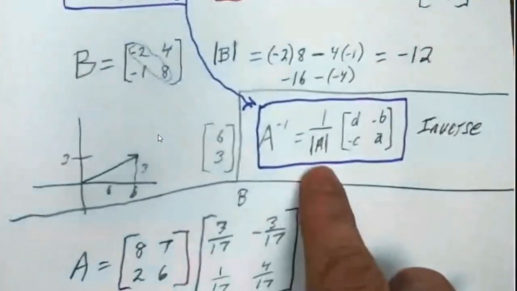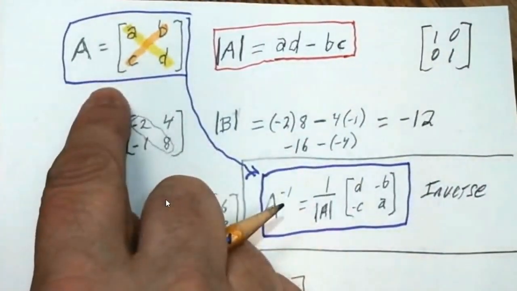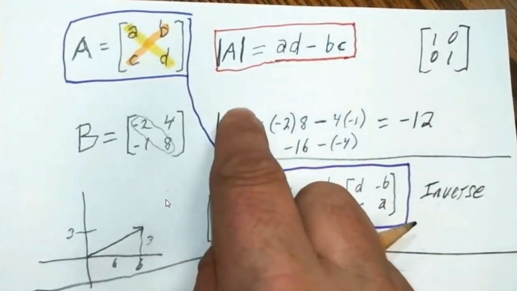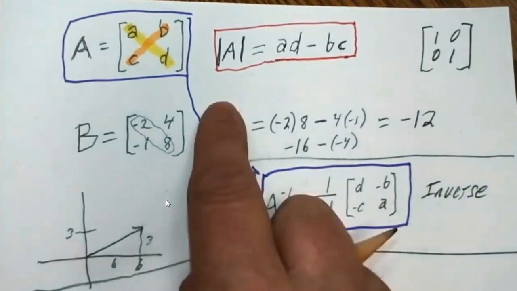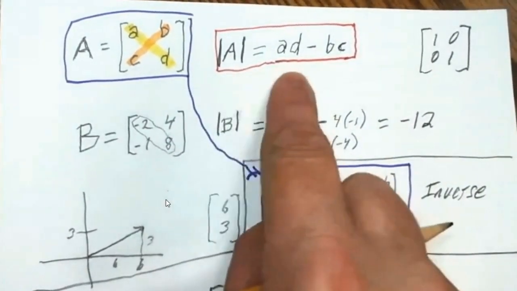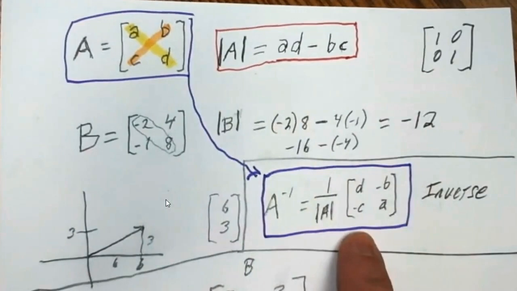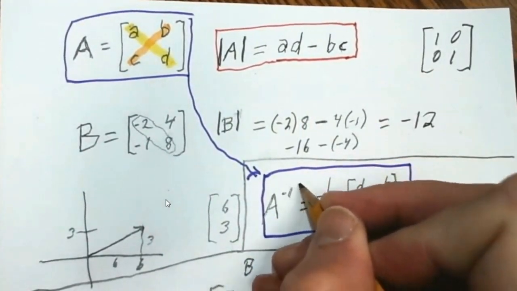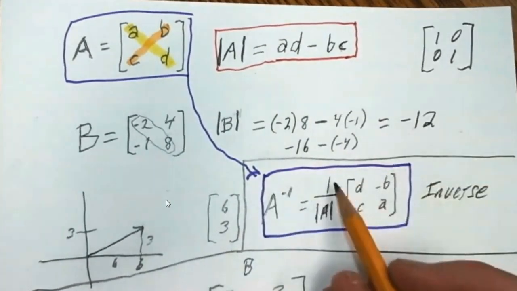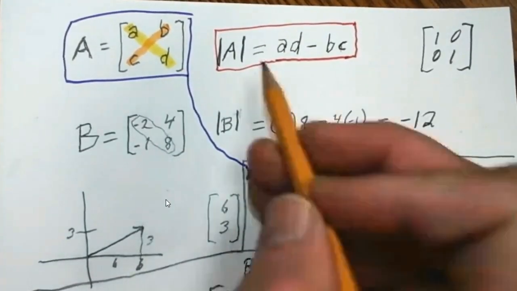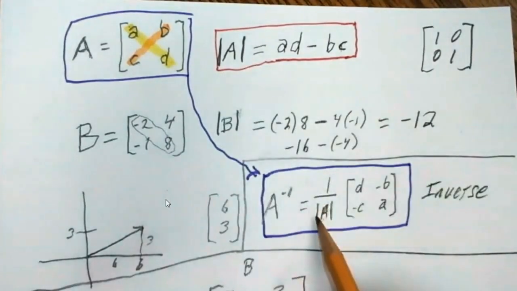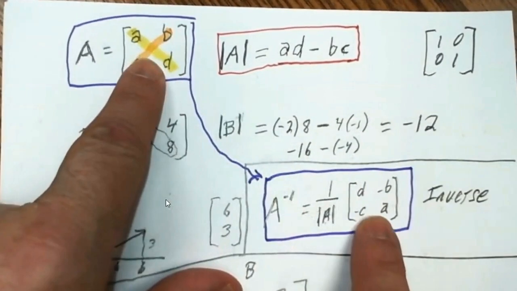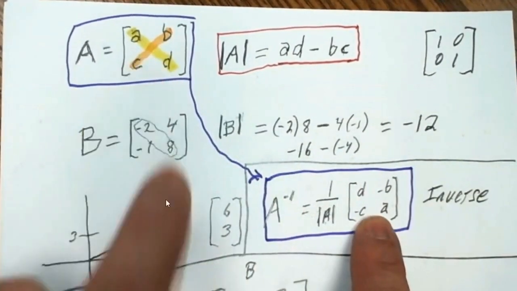Which, by the way, I put in my notes. You should have in your notes how to find the determinant, which I jumped the gun. You don't do the little -1. -1 is for inverse. How to find the determinant, and then how to find the inverse. So I put this in my notes. The inverse, which that's what the -1 is. A -1 is the inverse. 1 over the determinant, all right? The determinant is found like that, times, look, A and D trade places. They trade places.